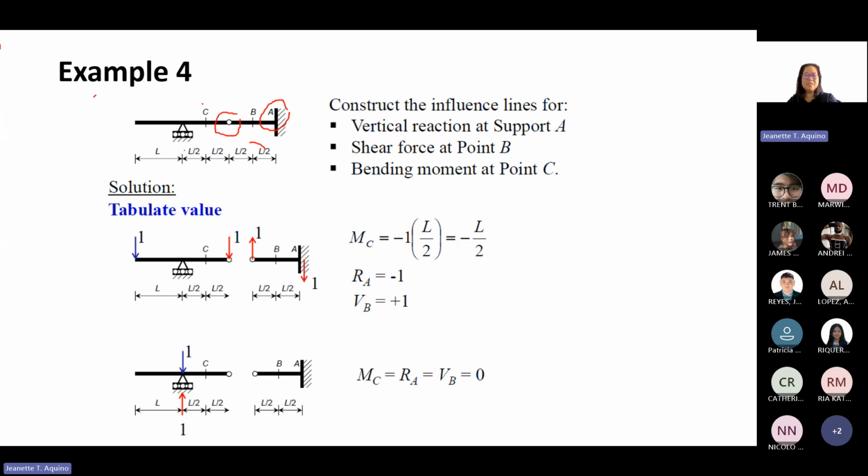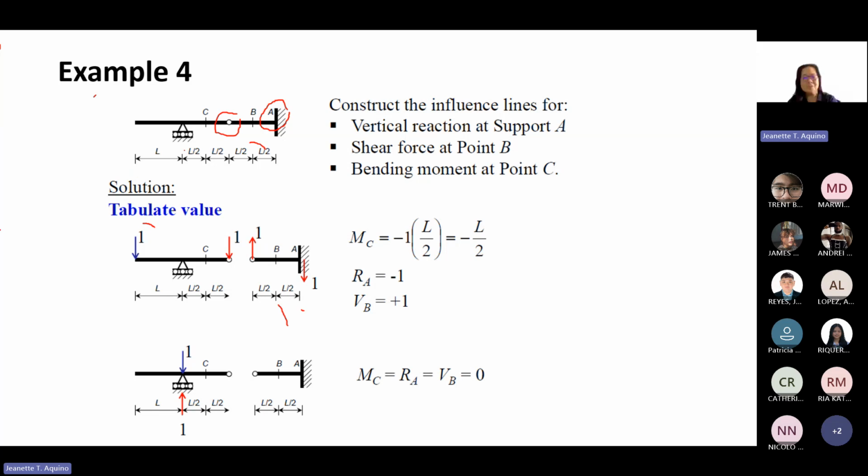So to solve these beam problems, we first place our load at a certain location. We don't know the length of the beam, it's L over 2, so we cannot make another variable, so we don't use x.